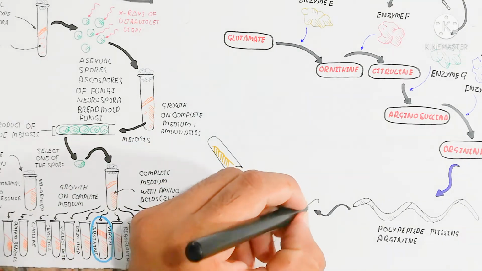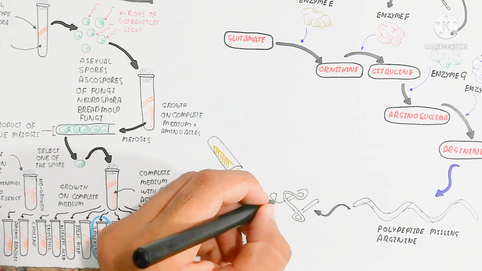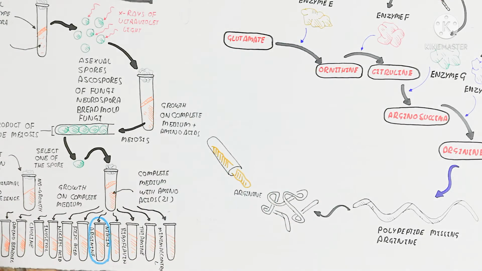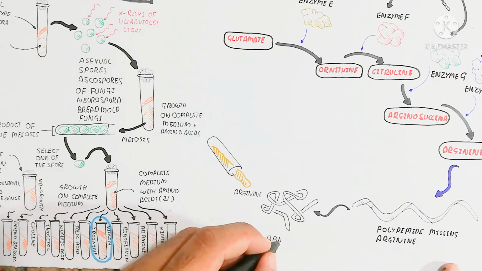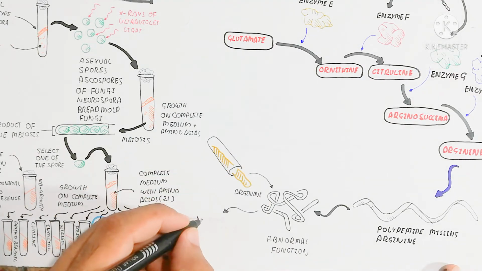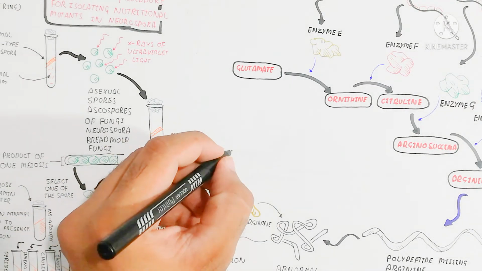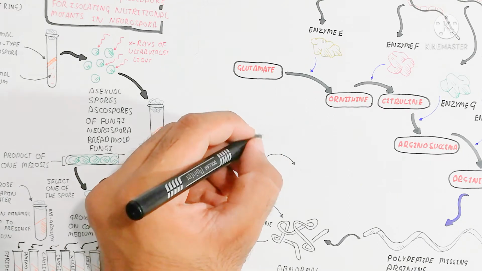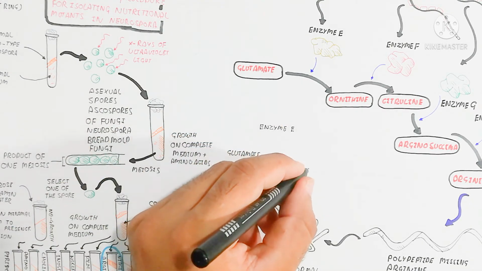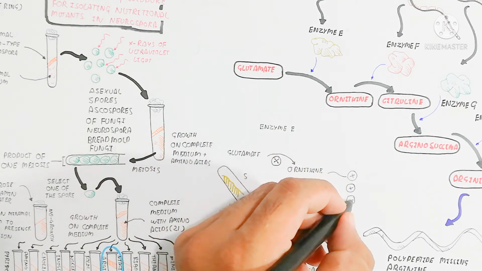If arginine is not present, the function will not be produced and growth will not occur. So the lack of arginine causes abnormal function. While if we give a supplementation of arginine, the normal function becomes possible. So arginine is important.